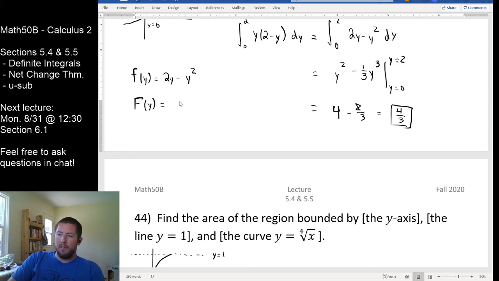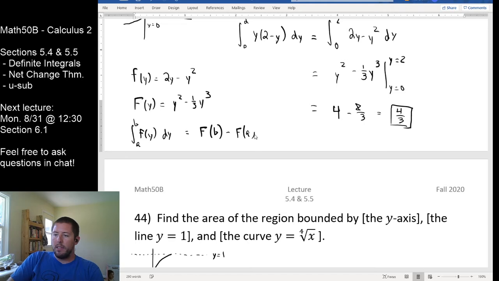So this capital F of y, our antiderivative, that's where we got our y squared minus 1/3 y cubed. And in general, when we do the integral of lowercase f of y from a to b dy, this is always going to be the antiderivative capital F of b, the upper bound, minus the lower bound.